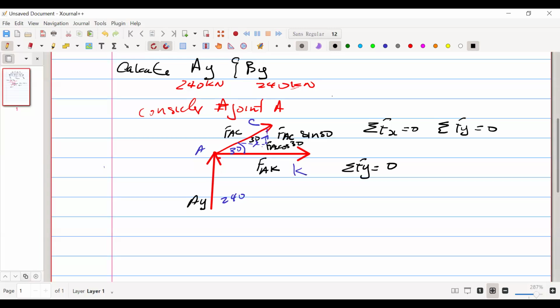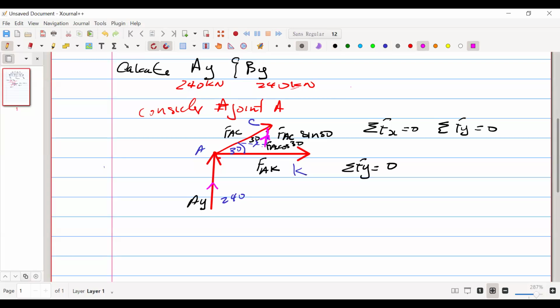But both of them here have two components. For FAC, FAC has two components, right? So how many vertical forces do I have in this thing? I have two, one here going up, and I have this one going up also.